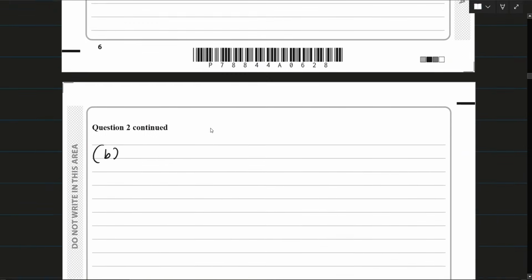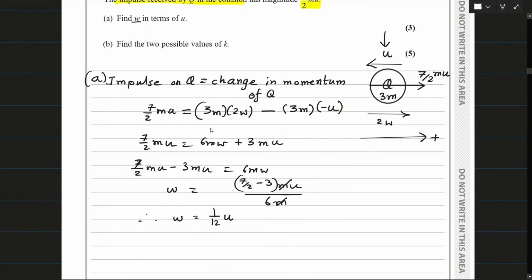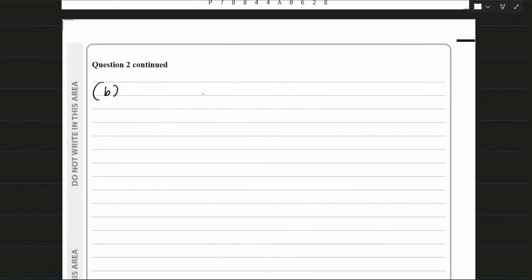In part A, we considered the impulse on Q. We know that the impulse on Q and the impulse on P would be the same in magnitude. Whenever there is a collision, the linear momentum is conserved, and as the momentum is conserved, the impulse on one particle is equal to but opposite in direction to that on the other particle.